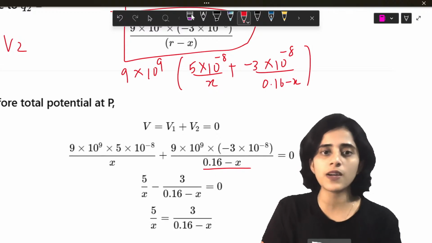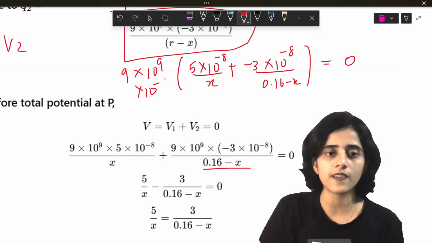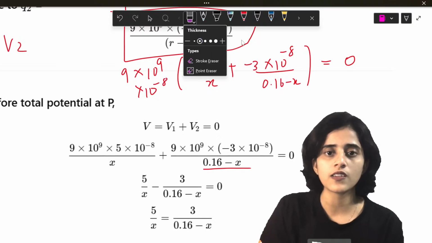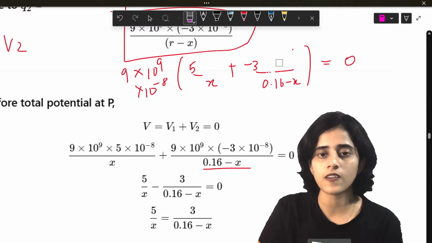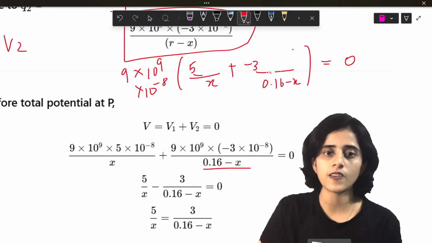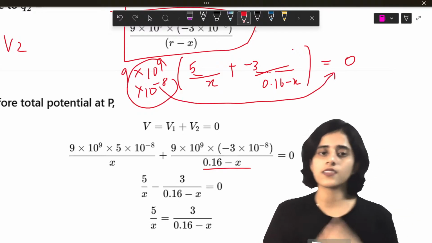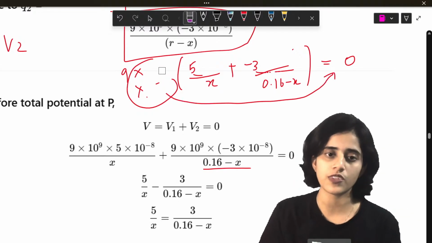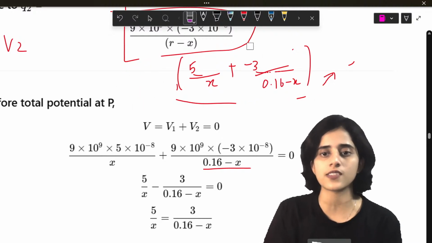This 10 raised to minus 8 is also common, so that also I can take outside. This whole thing, I will take it to this side. It's a 0, so it will just cancel off.